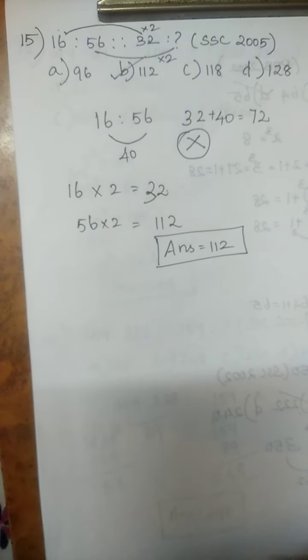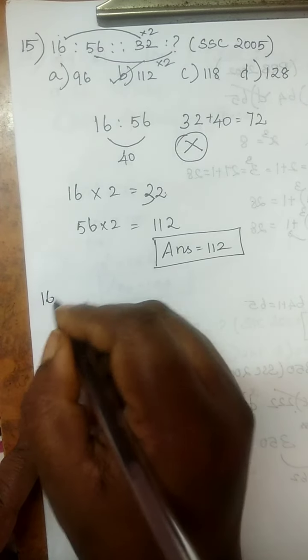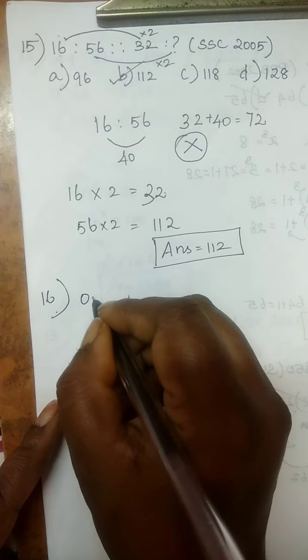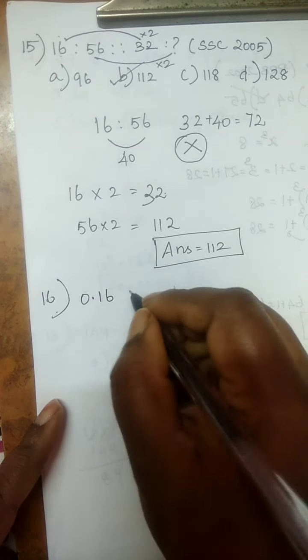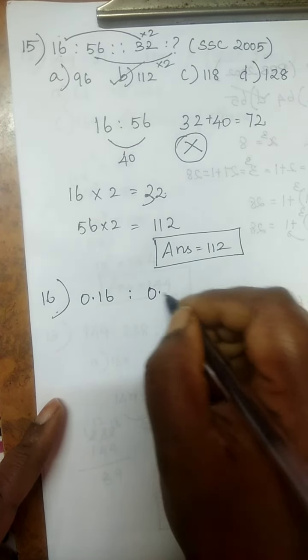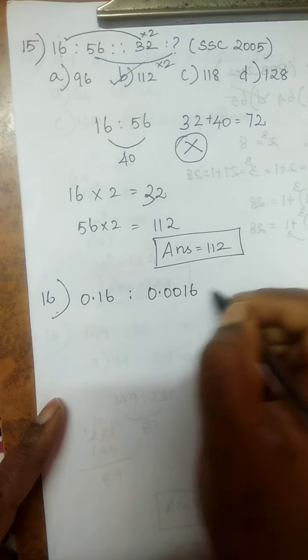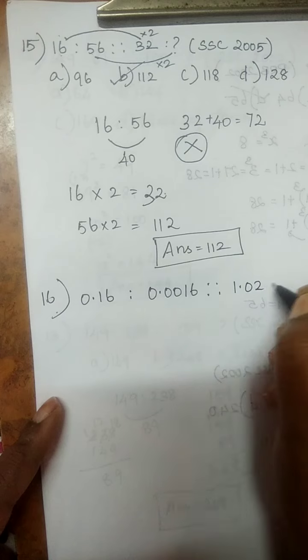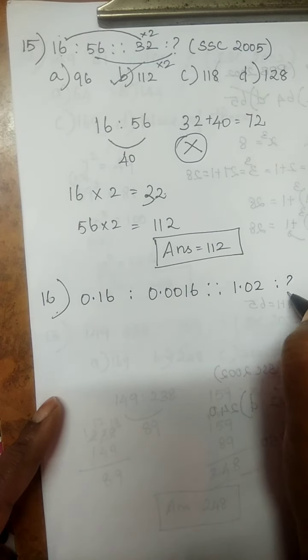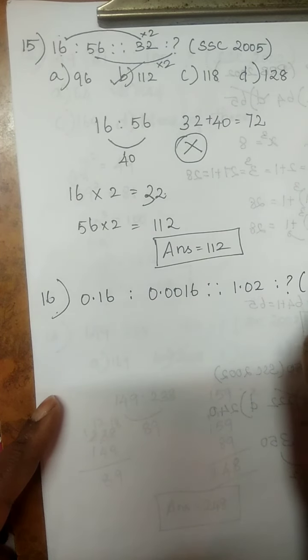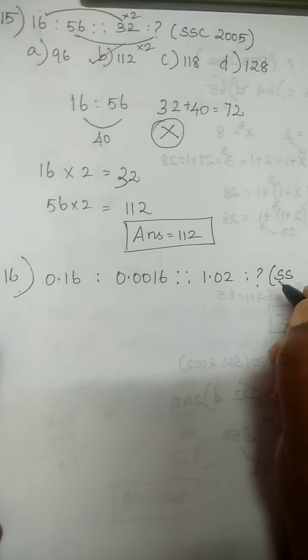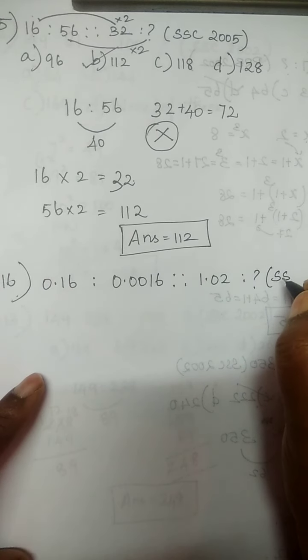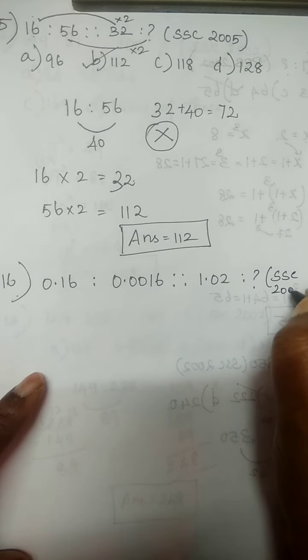Now we are moving to the 16th sum: 0.0016. This is a simple sum. On seeing this we can easily say the answer without looking at the options. This question was asked in the SSC exam 2002.